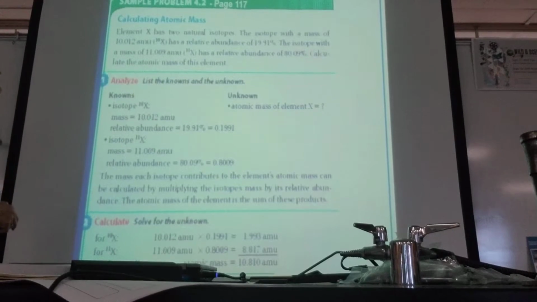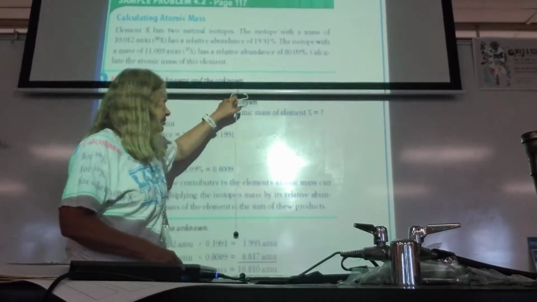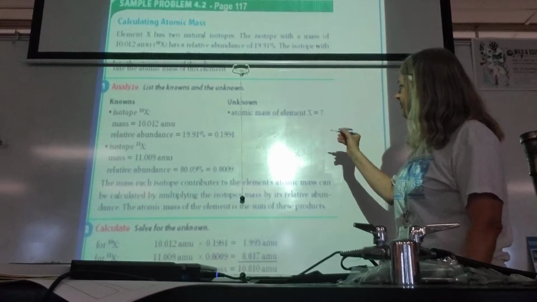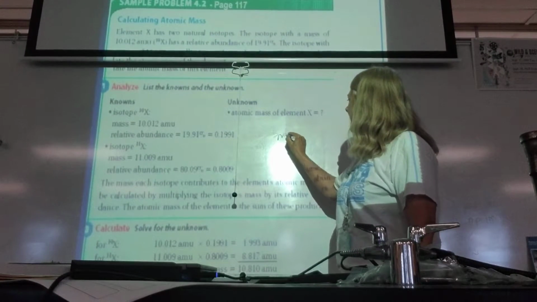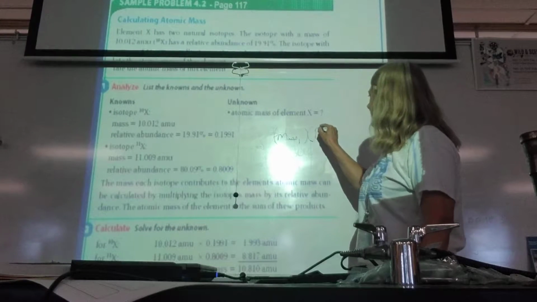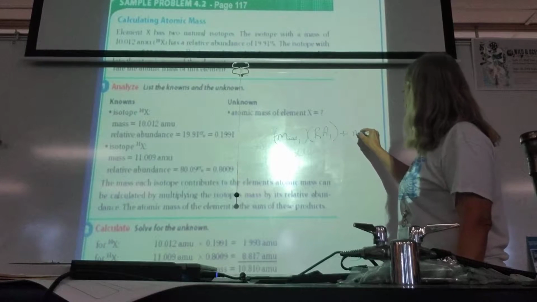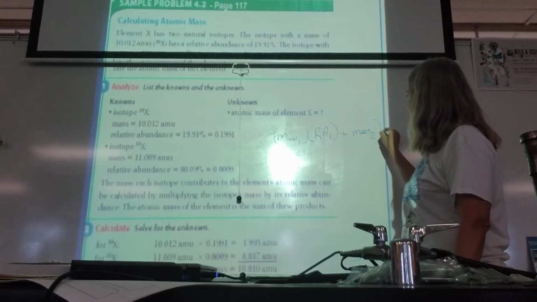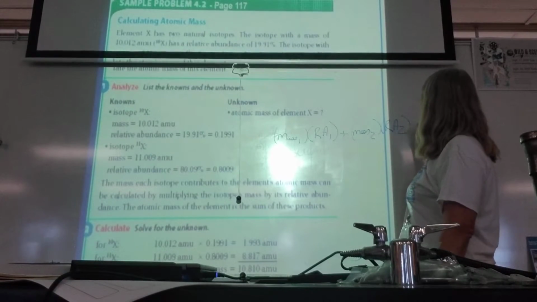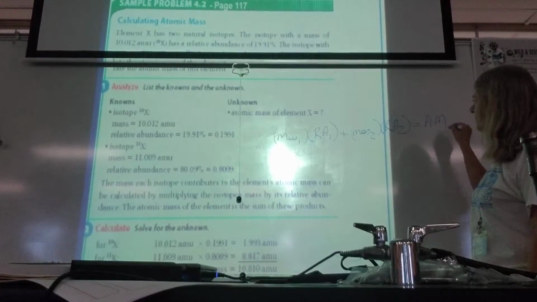Okay, so when we're going to set this one up, I'm going to write a little bit up here too. When we set this one up, I like to use this format. The mass of our first isotope times what I'm going to call the relative abundance of the first isotope plus the mass of my second isotope times the relative abundance of my second isotope equals atomic mass.